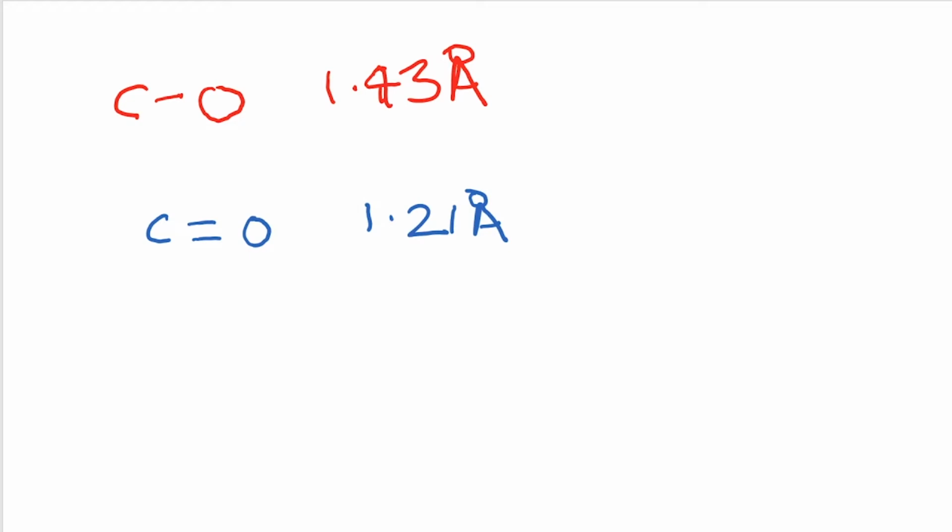The electronegativity of carbon is 2.5, whereas the electronegativity of oxygen is 3.5. Just keep in mind, electronegativity is the ability of the nucleus to pull electrons towards itself, and so oxygen is obviously more electronegative than carbon, and that's something that we already know. So this is just to recap.